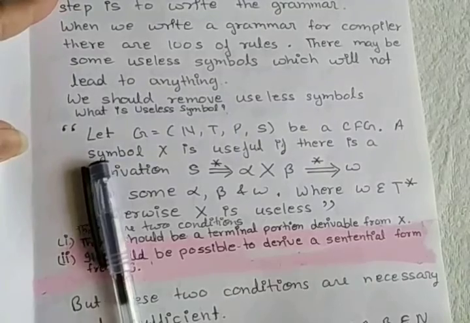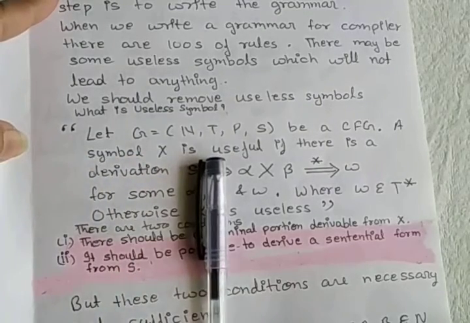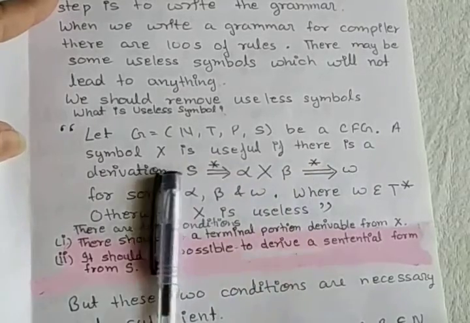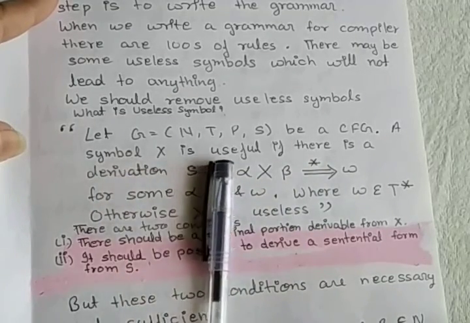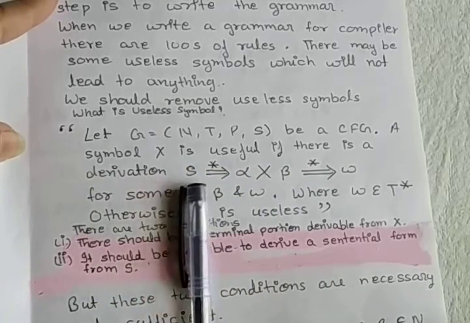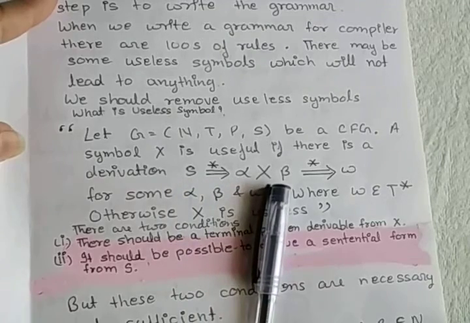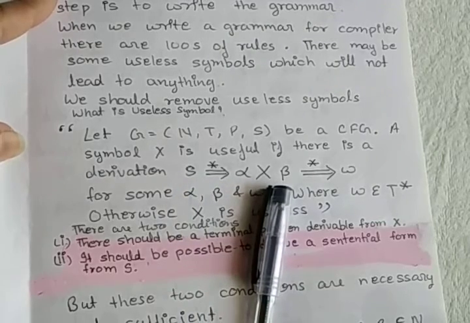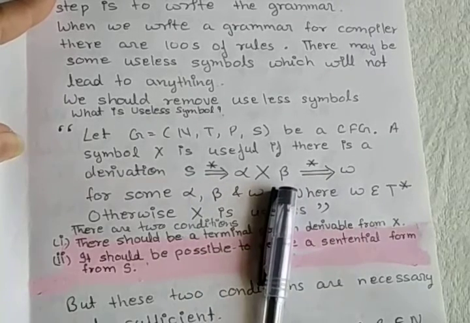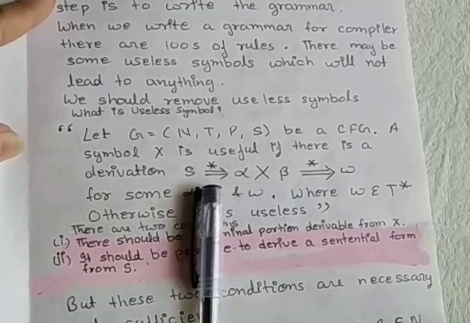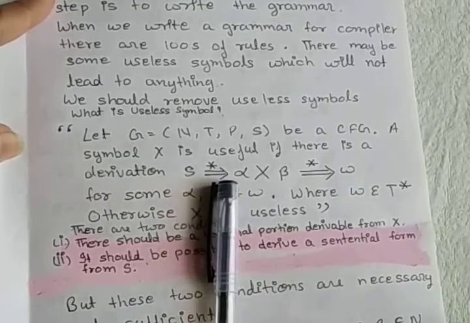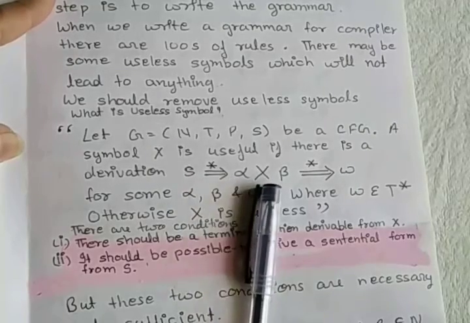Suppose we have a grammar G = (N, T, P, S), which is a context-free grammar. A symbol X is useful if there is a derivation S derives αXβ, which further derives w. Here αXβ is a sentential form, meaning after applying some rules, we get this sentential form.